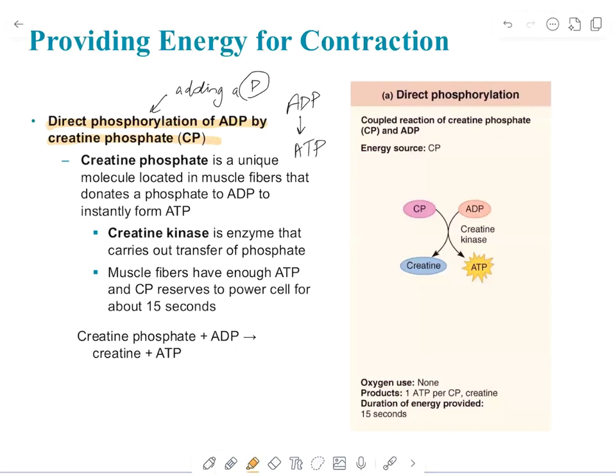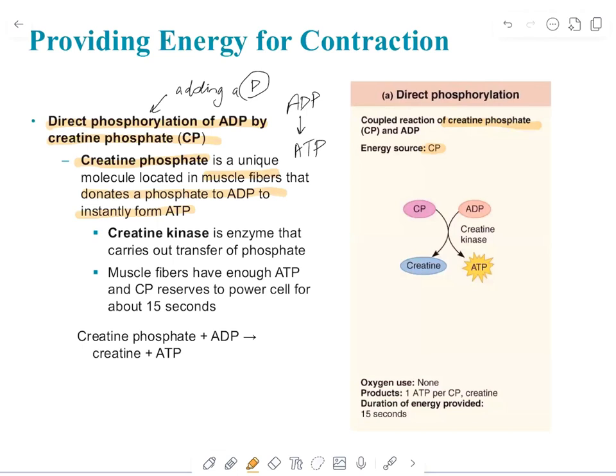Creatine phosphate is a unique molecule that's already in muscle fibers, and it donates a phosphate to ADP to instantly form ATP. This is the same creatine that you can go to the store and buy, but you don't need to because we already have it in our muscle fibers.